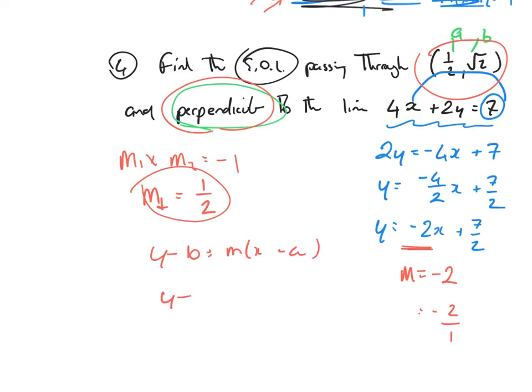Y minus root 2 is equal to the gradient 1/2 bracket x minus 1/2. Get rid of the divide by 2 by multiplying everything by 2. 2y minus 2 root 2 is equal to 1 bracket x minus 1/2.